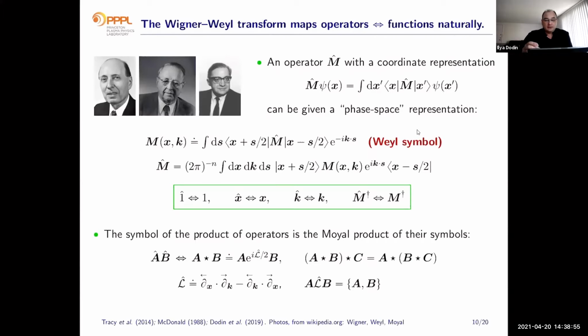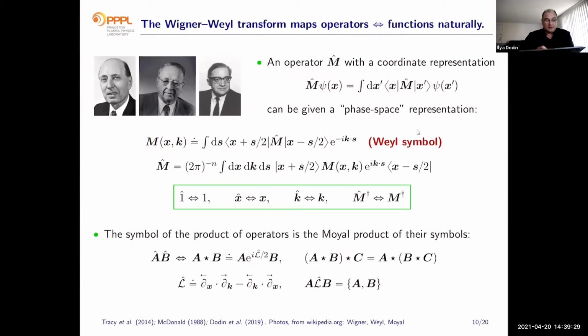The integral operators are typically expressed in this form through coordinate matrix elements. You can also introduce a Weyl symbol, a phase space representation of this symbol. The Weyl symbol is basically the Fourier transform of this matrix element after proper symmetrization. And the mapping of this operator to the symbol, which is called the Wigner transform, is natural in the sense that it is intuitive.